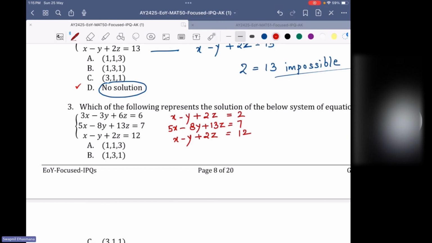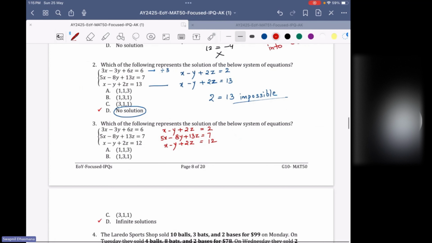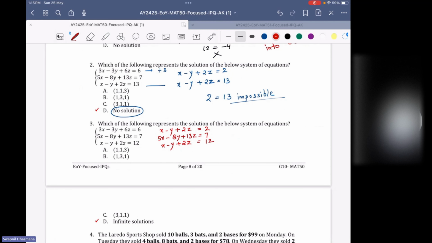Just give me a second. All right, so, but let me show you first how we can actually solve it, because solving is more important.